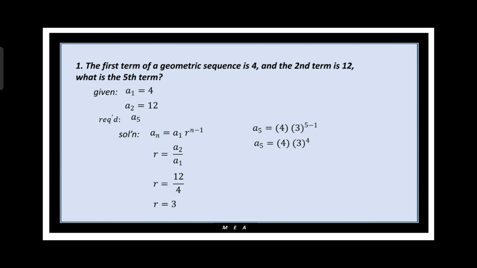So, 5 minus 1 is 4. Yung 3 to the 4th power na yan is the same as 3 times 3 times 3 times 3, and that will be 81. So a sub 5 now will be equal to 4 times 81. And our final answer, a sub 5 is equal to 324. 4 times 81 is 324.